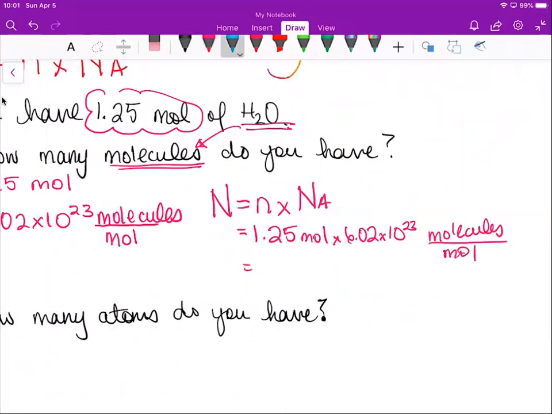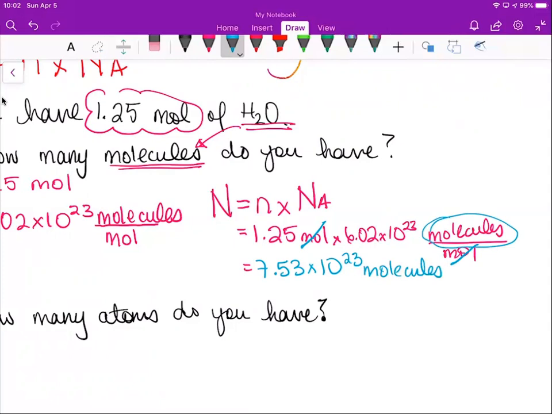And the reason why I'm writing out all these units is because if you cross this out and cross this out, you're left with molecules. Okay, so take a second, do that on your calculator. Try it out. And I get 7.53 times 10 to the 23 molecules of water.